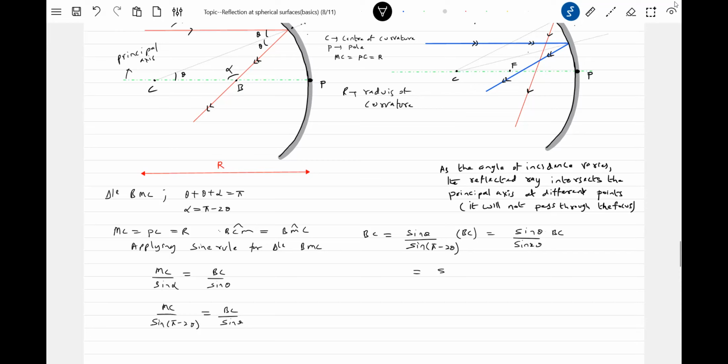Further expansion, sine 2 theta will become 2 sine theta cos theta, so BC is R by 2 cos theta, or R by 2 secant theta.